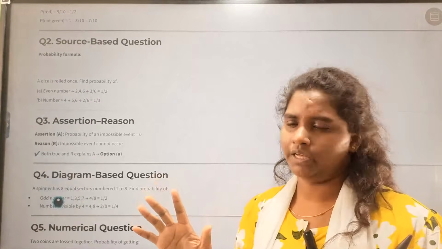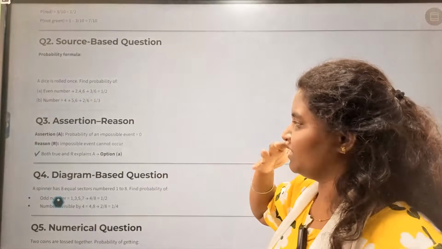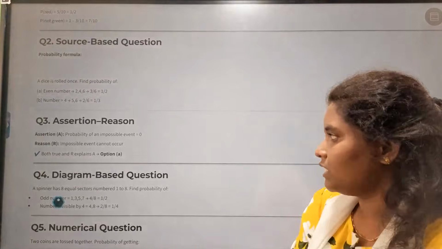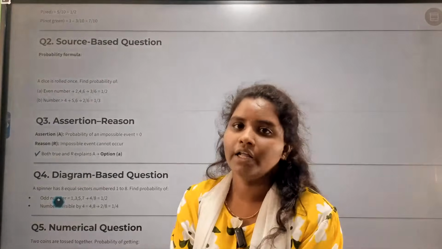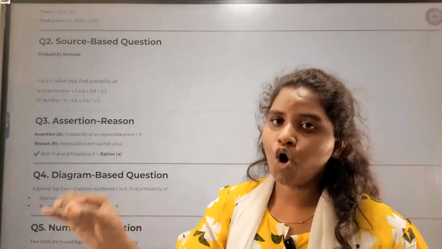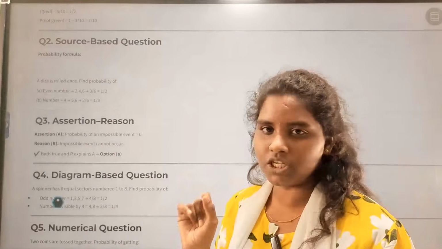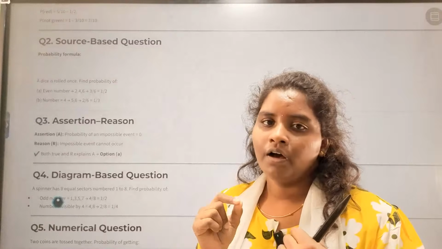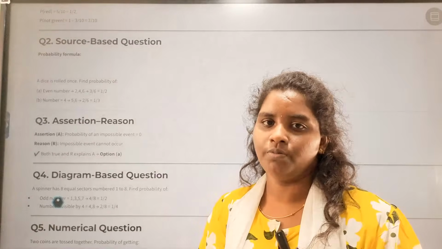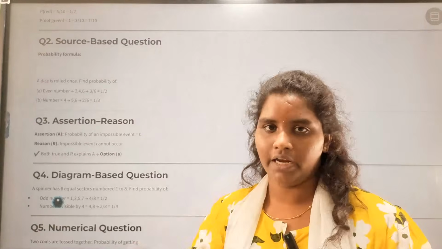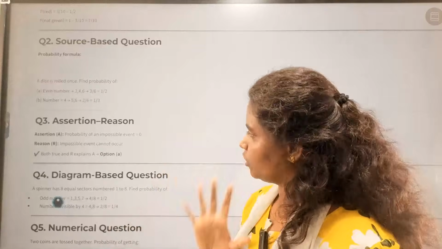So we have many. Here the assertion is given as the probability of an impossible event. The probability of an impossible event means it's 0, right? Which means it doesn't occur, any impossible event, which is equal to 0.